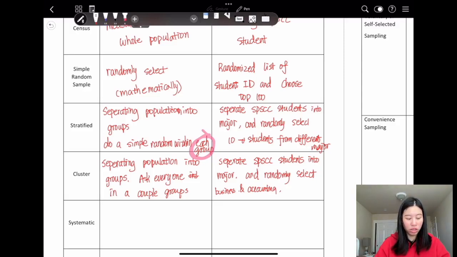Okay, systematic is where you pick a random start and then take every nth one after that.